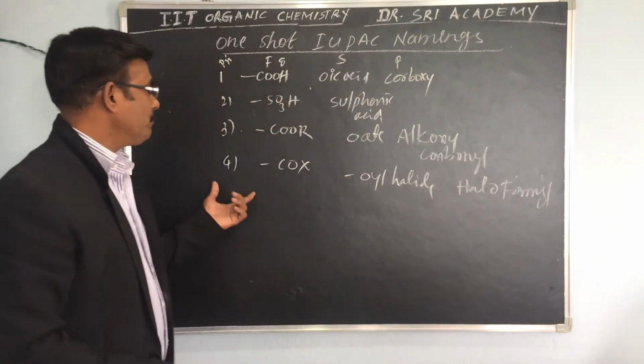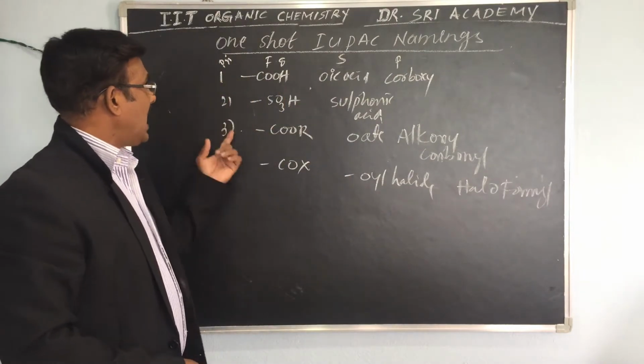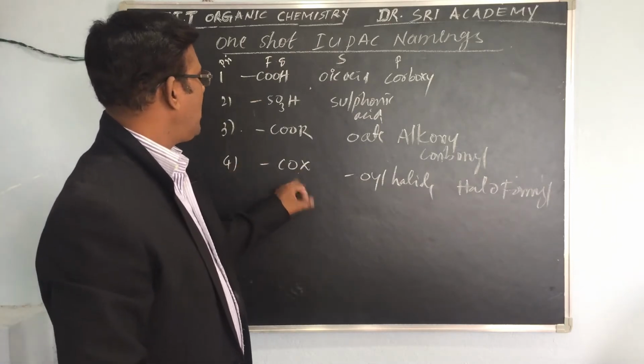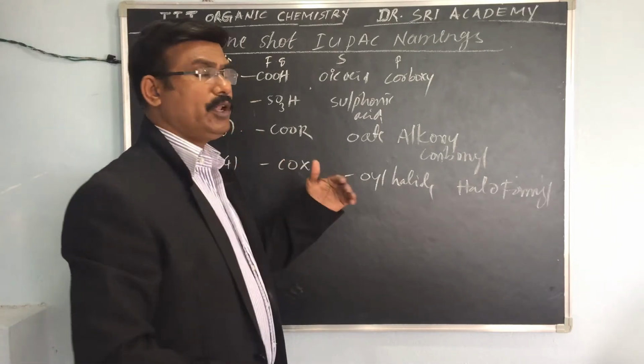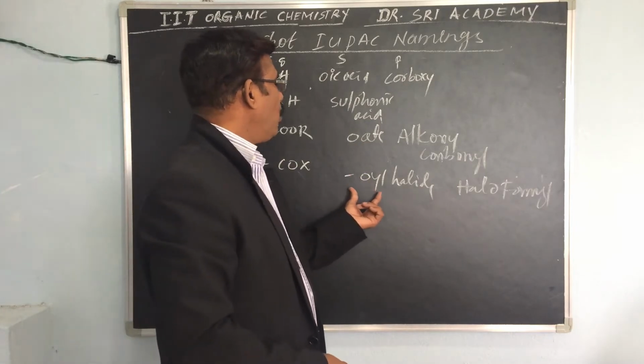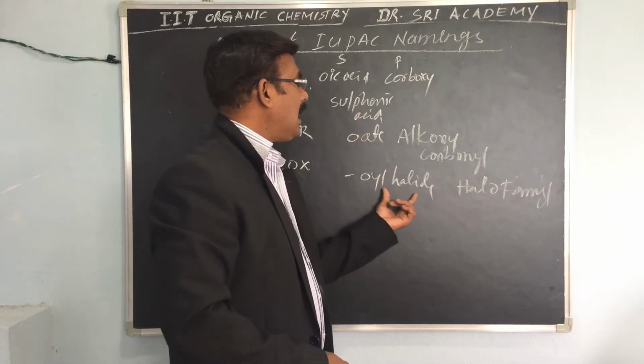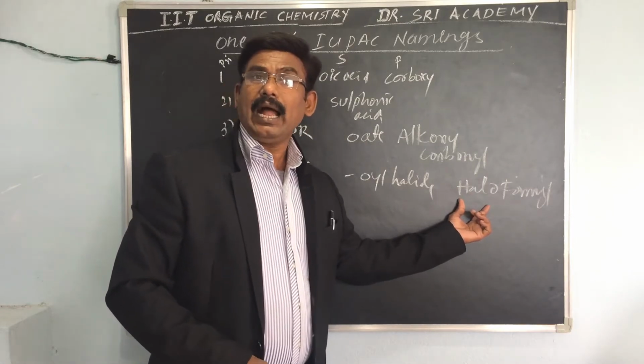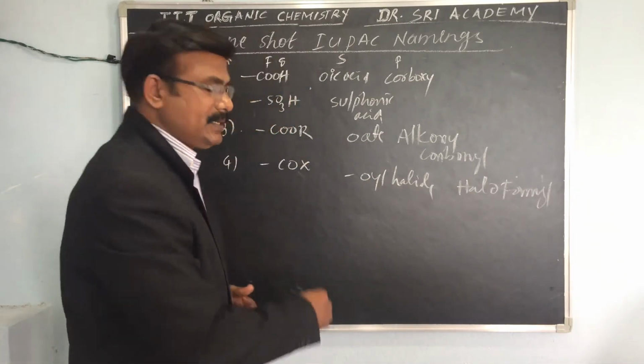Please note down everything. Fourth priority functional group is COX. X is the halogen, chlorine, bromine, something. And the suffix is oyl halide, and halocarbonyl is the prefix. Okay.